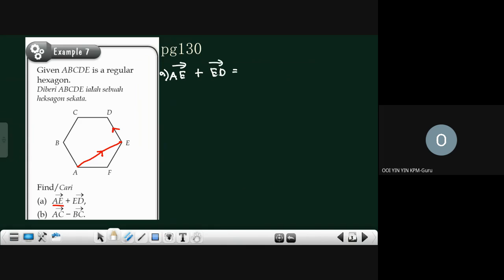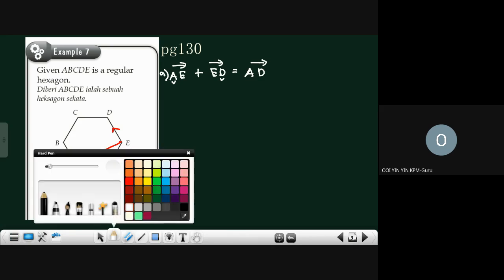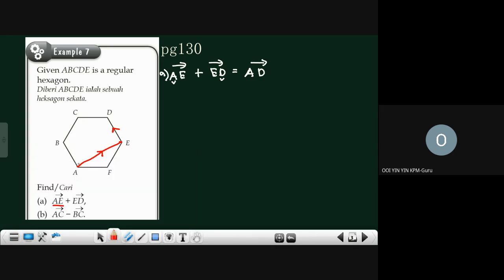The resultant vector, we can see from the alphabet, starts with A and ends with D, and the middle letters E and E are the same. So the resultant vector is AD. If you look at the picture, your AE to ED gives you this vector directly from A to D.